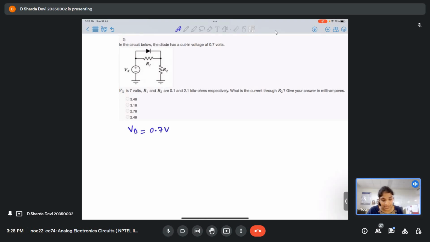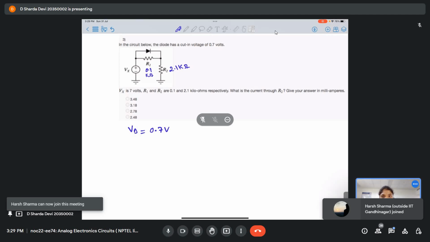So what it says, we have this circuit. In this R1 is 0.1 kilo ohm, R2 is 2.1 kilo ohm, okay? So what is the current through R2? That is what we have to find out and report in milliamperes.